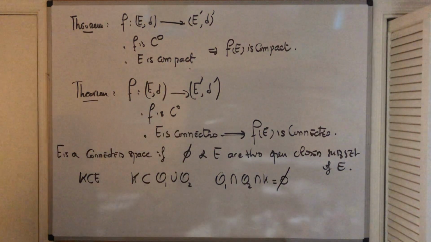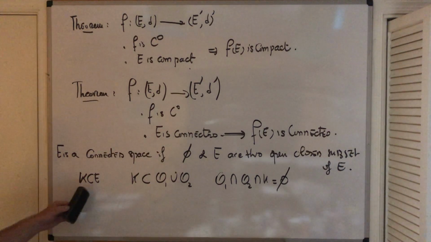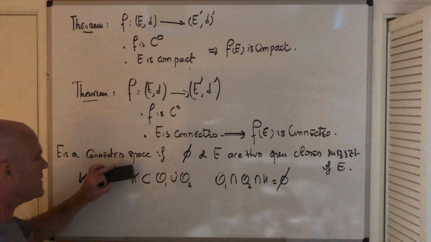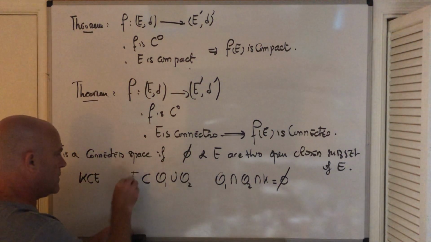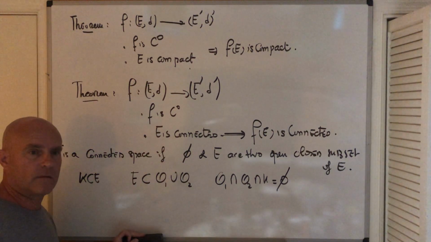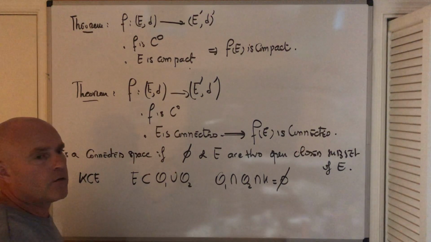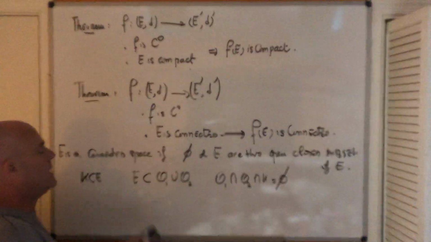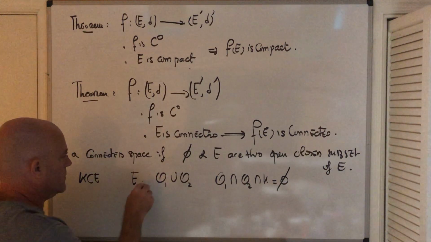This is the sort of thing I want to do. Now, if you replace K by E straight, what does it mean that E is covered by two open sets? There's nothing bigger than E, so it has to be equal.